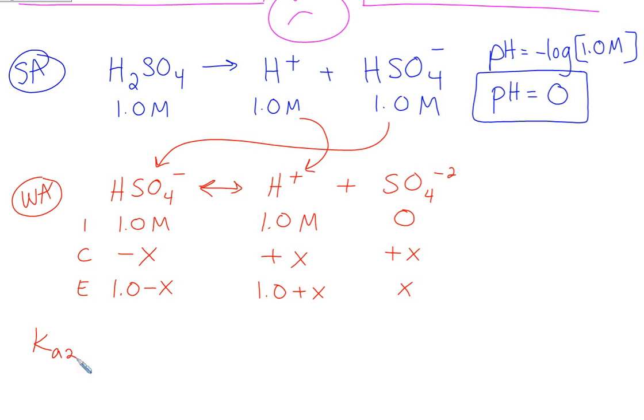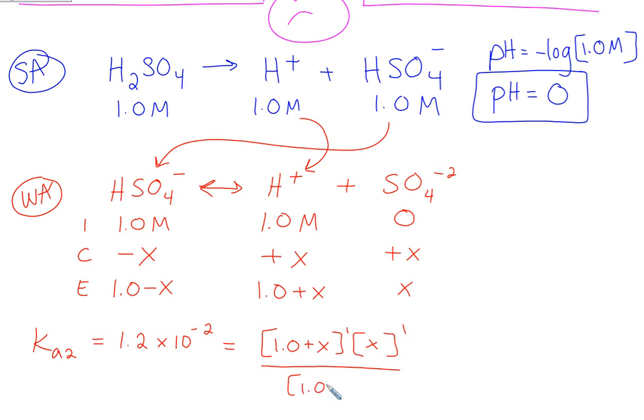Ka2 for the second dissociation is 1.2 times 10 to the negative second. That equals products 1 plus X to the first times X to the first all over 1 minus X to the first.